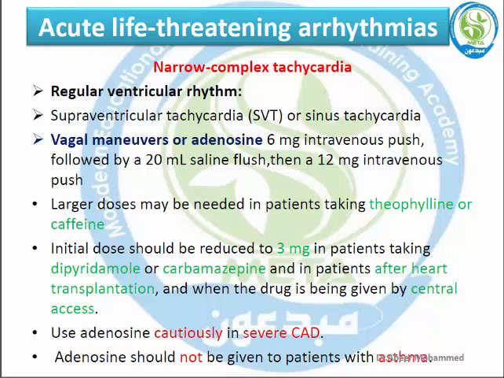Usually the adenosine initial dose is reduced to 3 milligram in patients taking dipyridamole or carbamazepine because of interaction, and in patients after heart transplantation. Also when the drug is given by central access, it will arrive faster, but with a peripheral line it takes longer, so I reduce the dose. To conclude, the usual dose of adenosine is 6 milligram IV push.